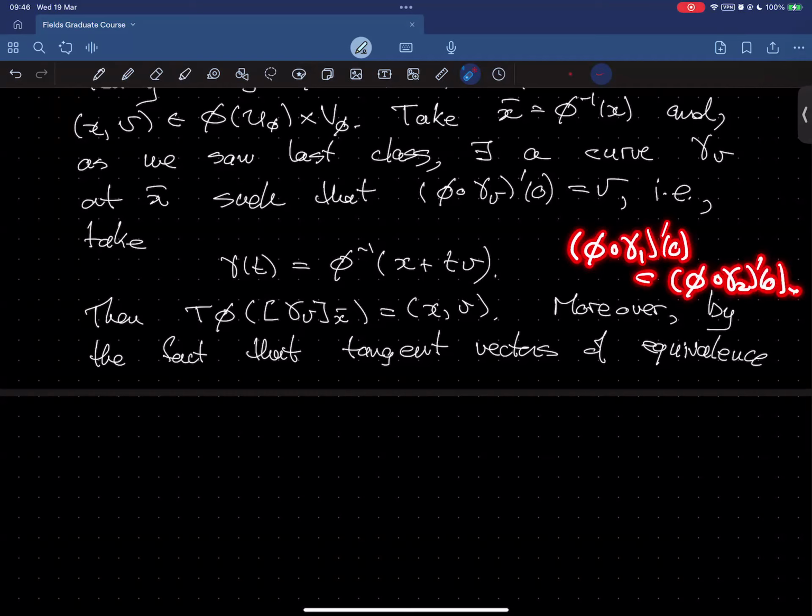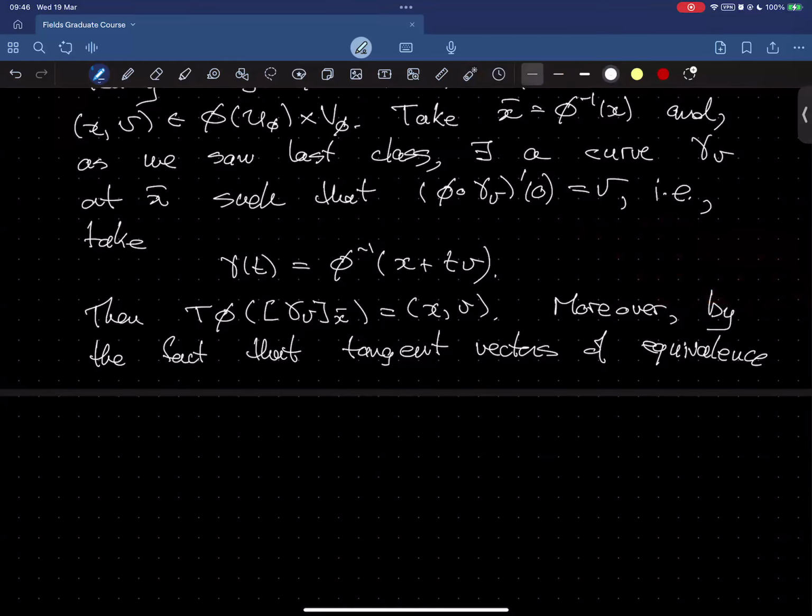And this actually immediately gives you injectivity of the mapping T phi, because if the image of two points is the same, and the images look exactly like this, then the curves gamma 1 and gamma 2 are equivalent and therefore define the same tangent vector.